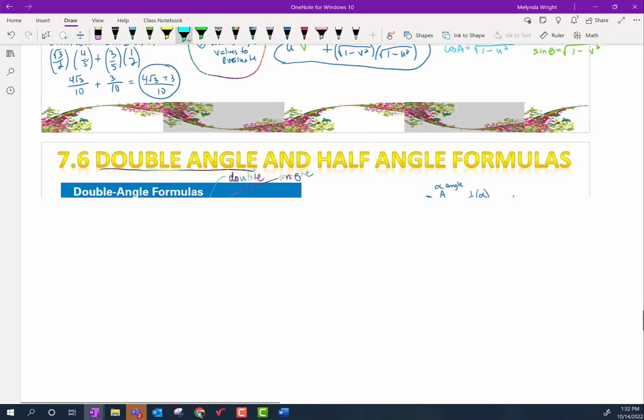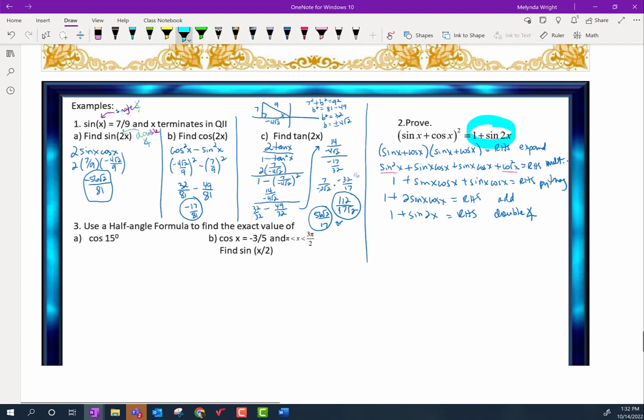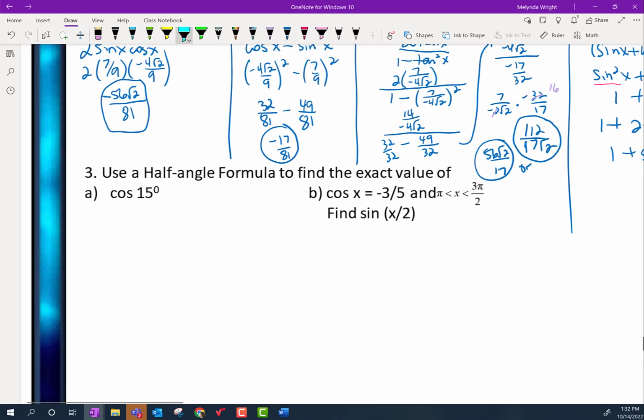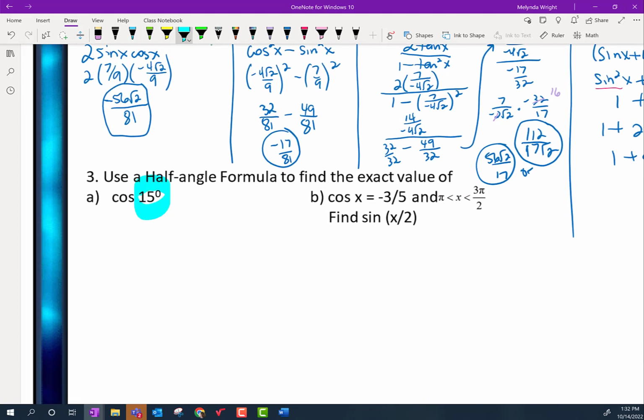Well, on this new one, we're going to have to ask ourselves, what do I need to do to this to make it a half angle? How could I make 15 a half angle? So 15 degrees is the same thing as what? Divided by 2. Yep, very good. 30 degrees divided by 2. That's the same thing.